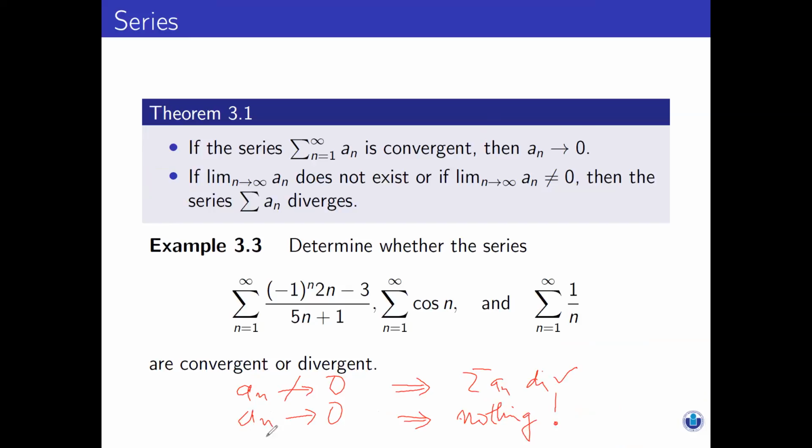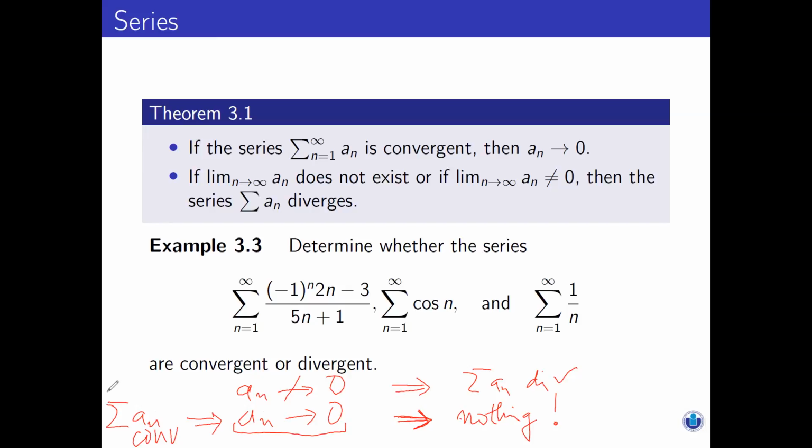Because if you have this, the series may diverge or it may converge. It's essential that you notice the direction of the arrow. What is implied is that if a series converges, then the terms go to 0. It's not the other way around. So this doesn't imply that the series converges, okay?